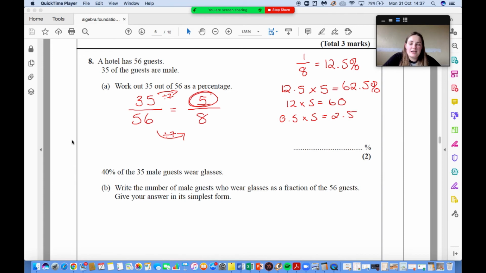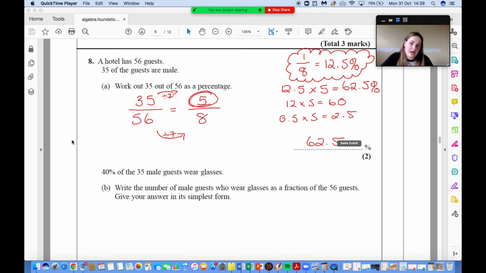Now, again, it's on a non-calculator paper and you are expected to know this percentage. I know you might not have visited it for a long time, but there is an extra video on that, and I think I even went over it in last week's video. So yes, the answer is 62.5%.